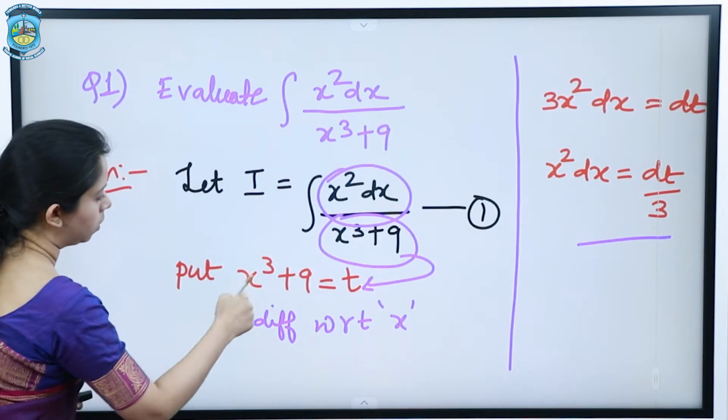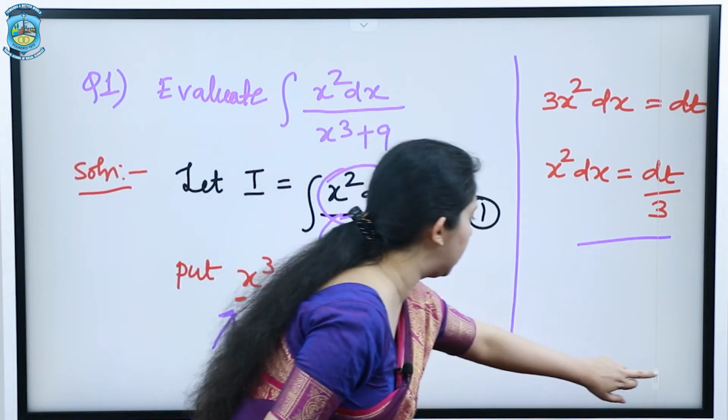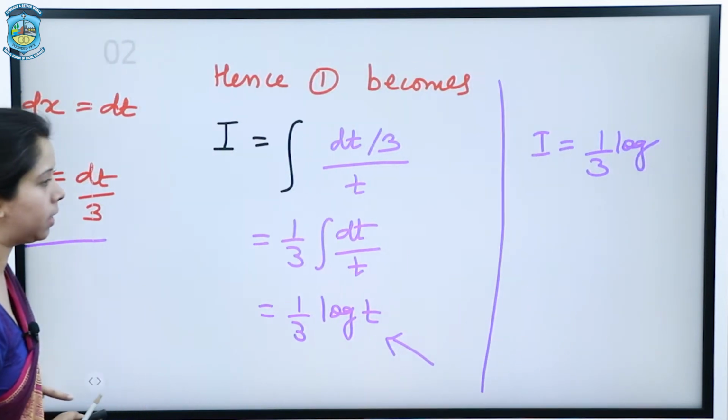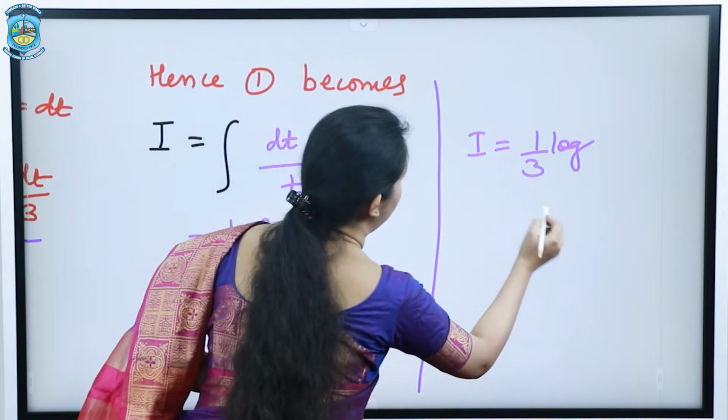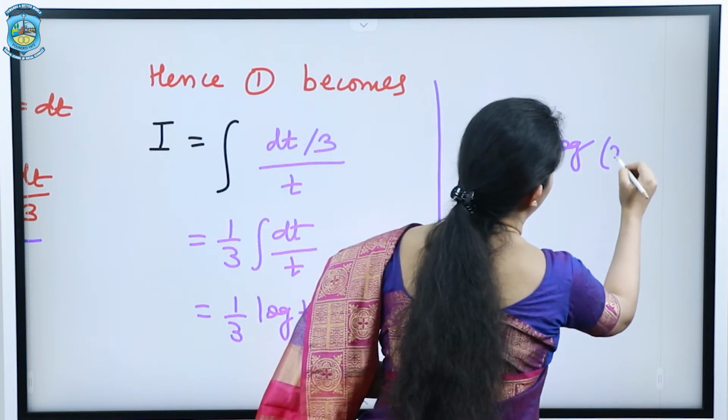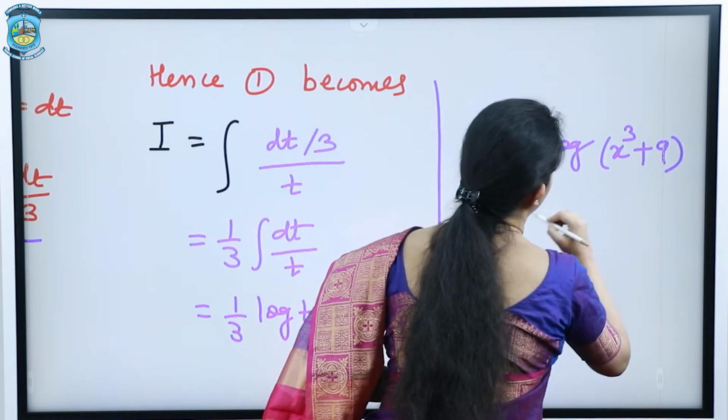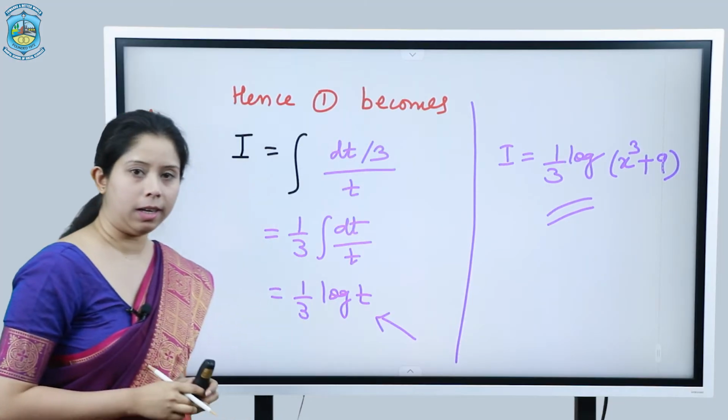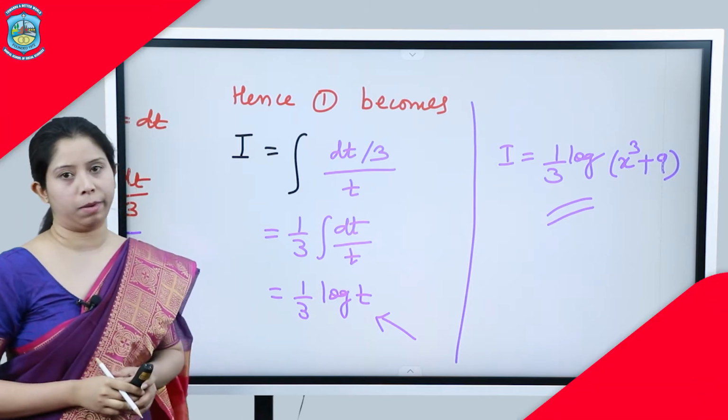So, we will replace t by x cube plus 9 in the last step. So, we will get the result as I is equal to 1 by 3 log of x cube plus 9. So this is the final value of the integral with the help of substitution method.